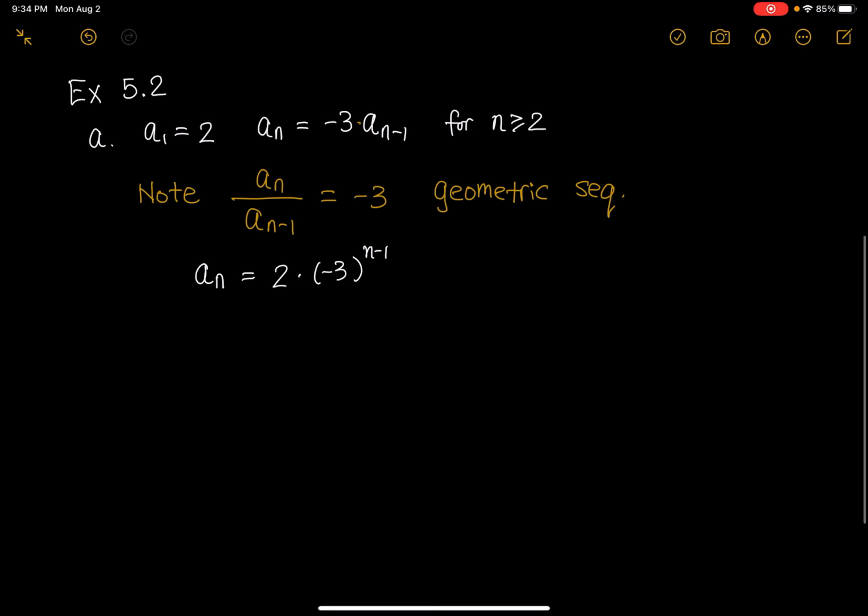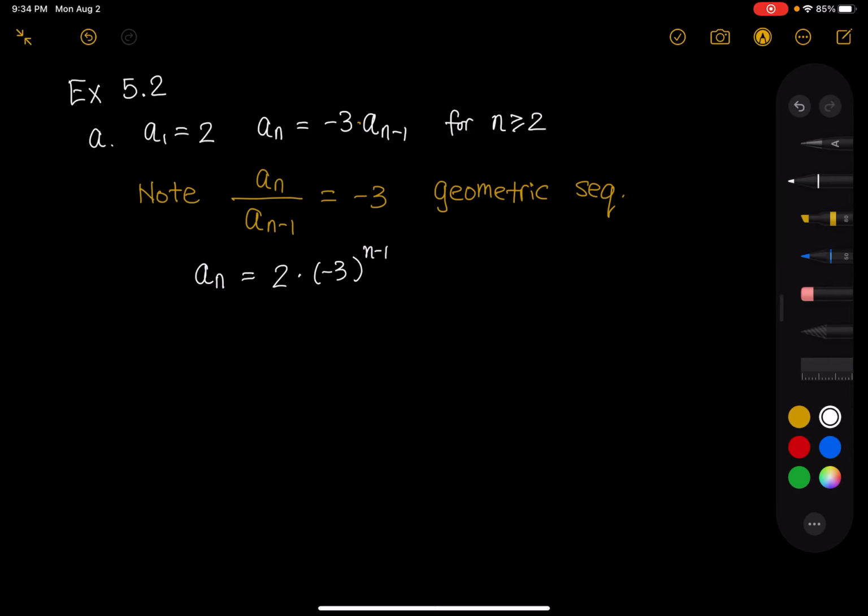For part B, similarly, it's given that a_1 equals 1/2, and a_n equals a_(n-1) plus 1/2 to the nth power. Now, we would think about this. What kind of sequence is this?